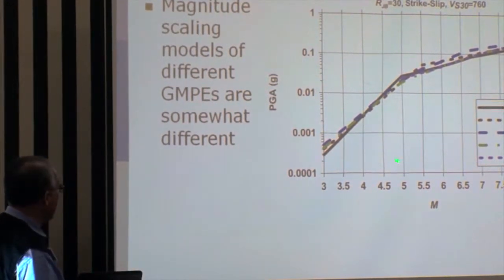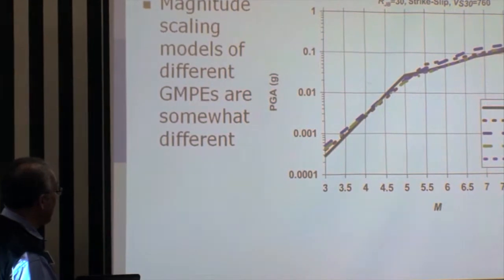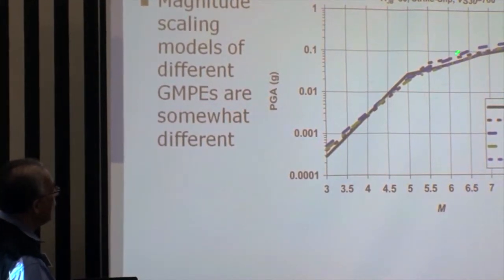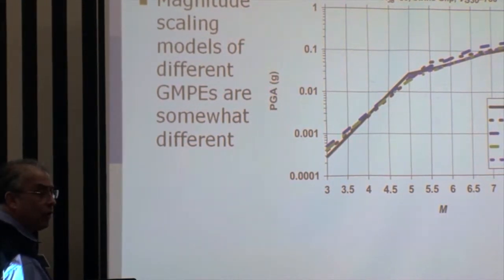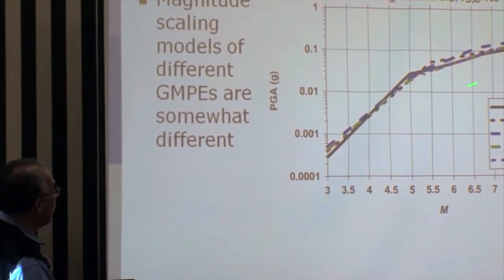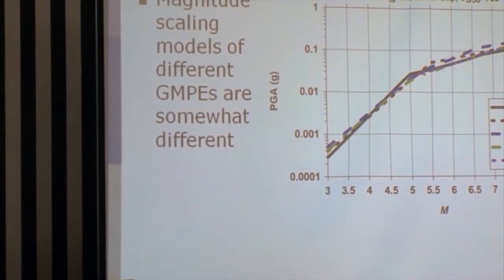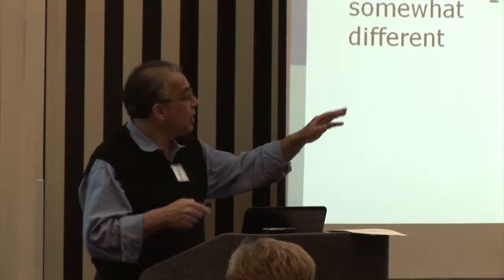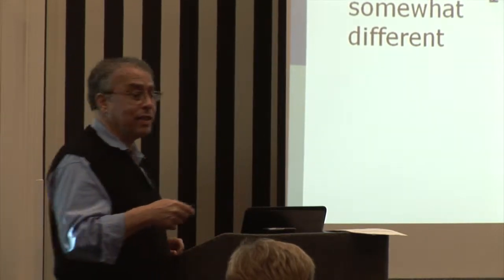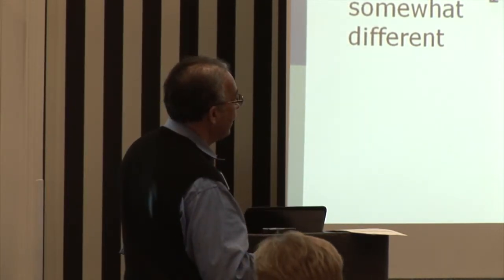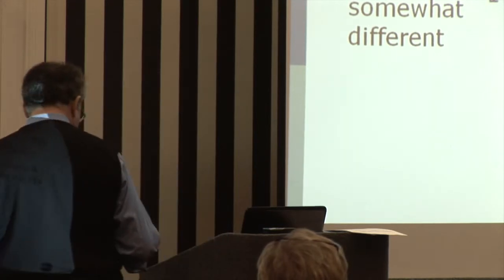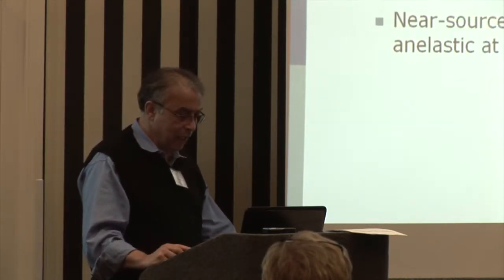Now, because we have lots of small magnitude data, we have a break at 4.5. So we have 4.5, 5.5, 6.5. So we are high. We think that this is really a modeling issue, if you break it at 6.75 or a little bit less or a little bit higher. So that's the range. In fact, if you look at the next plots, this is the range where we are a little bit higher than the others.